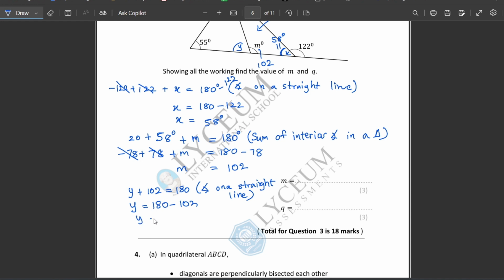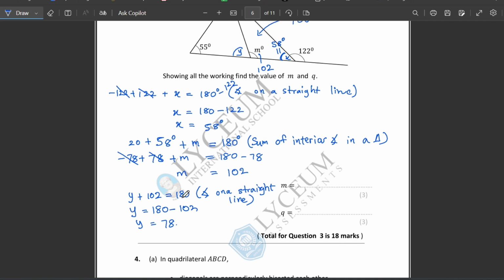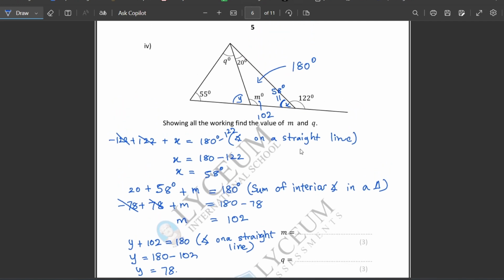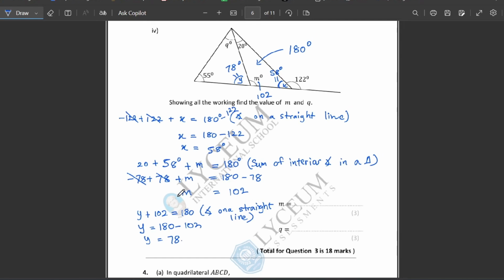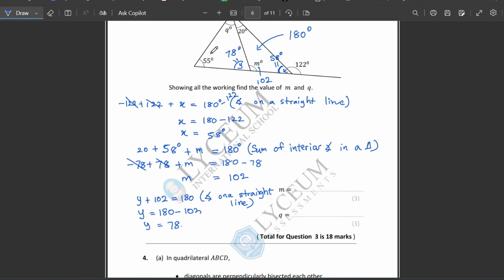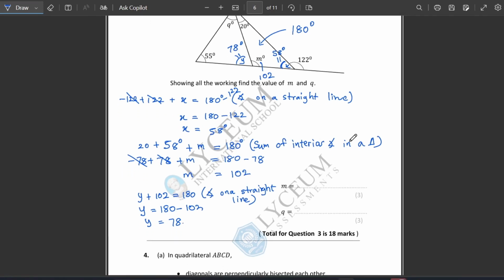So y equals 78. So this value is 78. And with that information we can find q. We know 55 plus 78 plus.